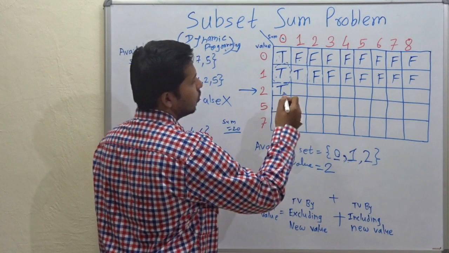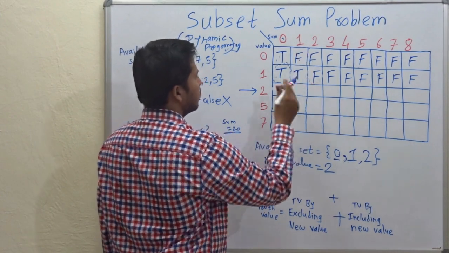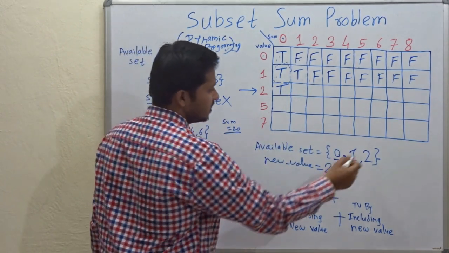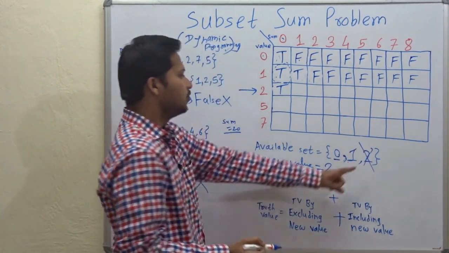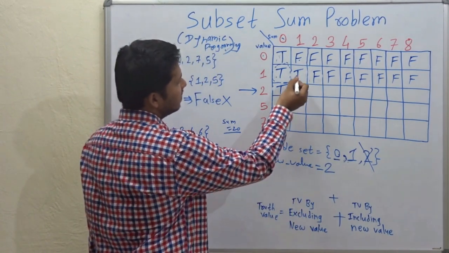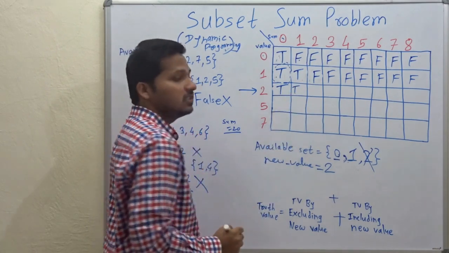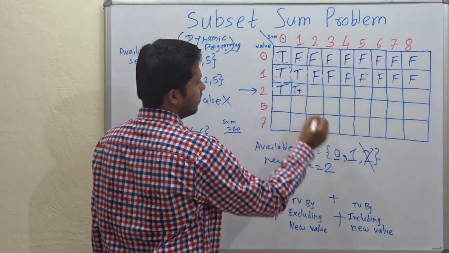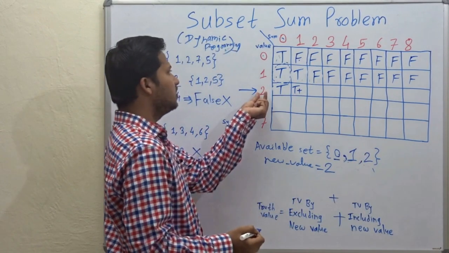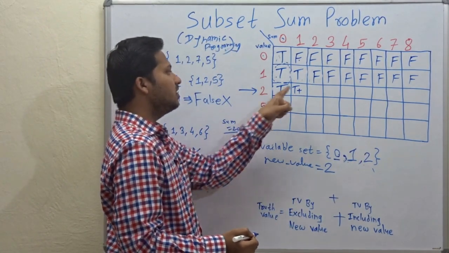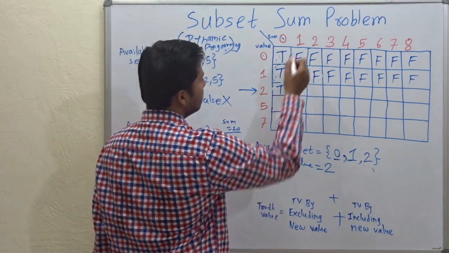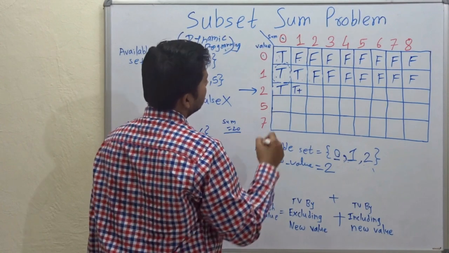Now go in the next cell. So by using 0, 1, 2, can you form 1? So first exclude the new value. So when you exclude the new value, take the answer from the above cell, that is true, or by including the new value. So if you include new value 2, but 2 is greater than 1, so you cannot form 1 by using the new value.